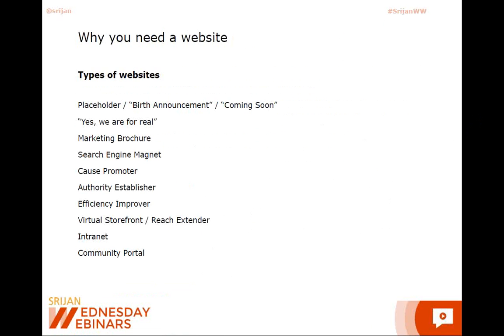Moving beyond this under construction placeholder website would be a website that's like, yes, we are for real. The idea behind this website is so that people can get a sense that, oh yes, there's an actual business here.